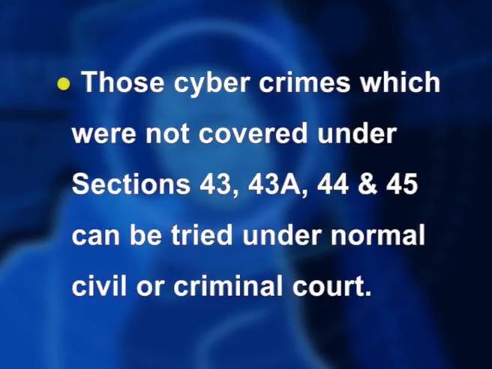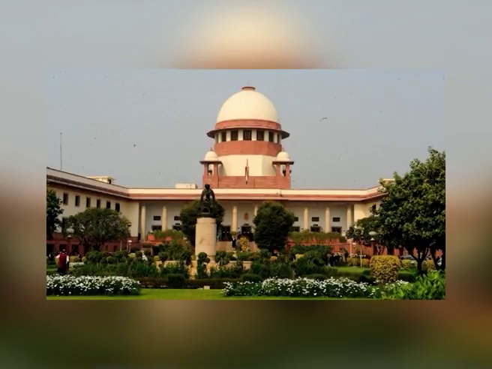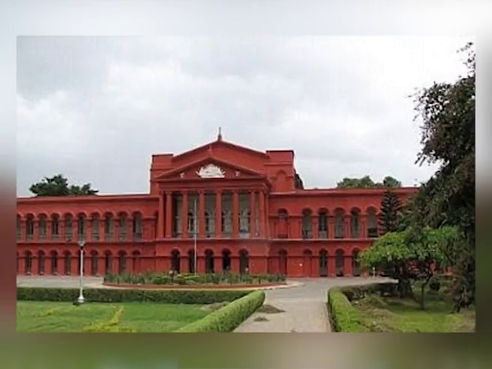Those cyber crimes which were not covered under sections 43, 43A, 44 and 45 can be tried under a normal civil or criminal court. For the purpose of adjudging under Chapter 9, a special person called an adjudicating officer has to be appointed by the central or state government.